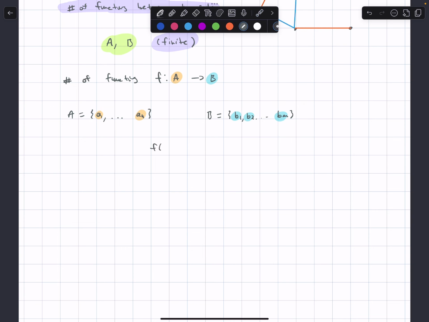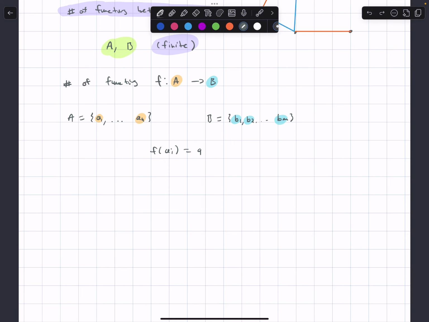So f of Ai is equal to g of Ai for all, using the logical notation upside-down A, for all 1 less than or equal to i less than or equal to n. Each of these functions, in order to be a function, has to be, as we say, total, so it has to take each of these Ai's and map them to some Bi.